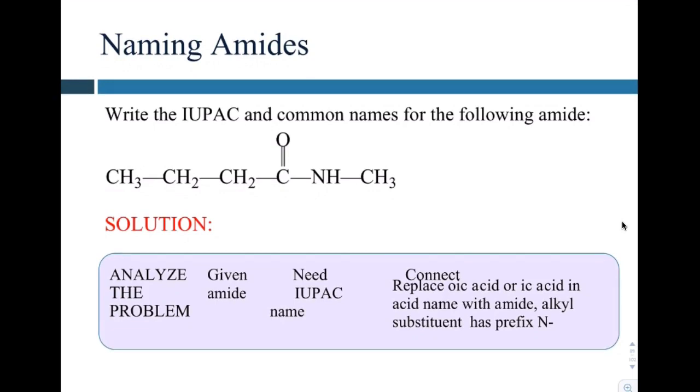All right, we're going to cut it off right here. We're going to name it just like we named esters. And so this side I got 1, 2, 3, 4, and that is 4 for butanoic acid. And then I have this side over here, which is methylamine. Right?